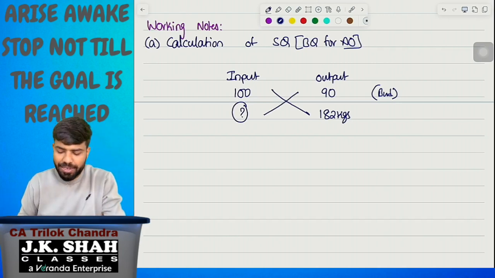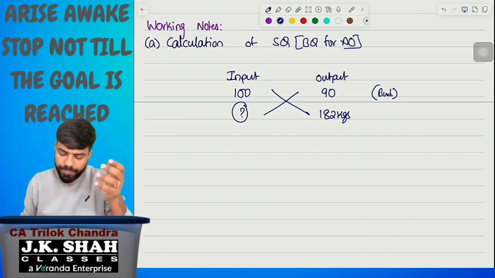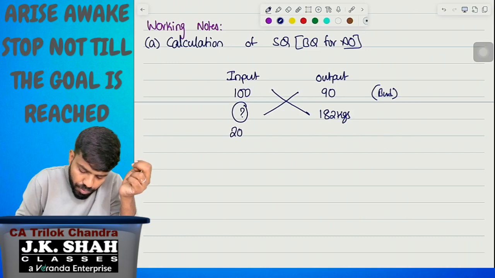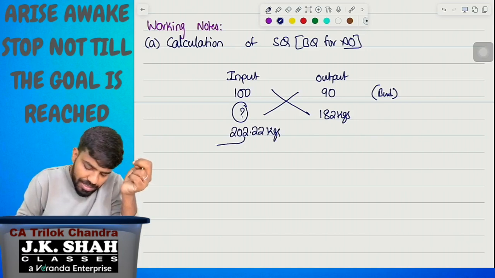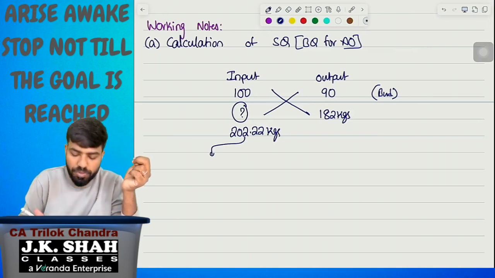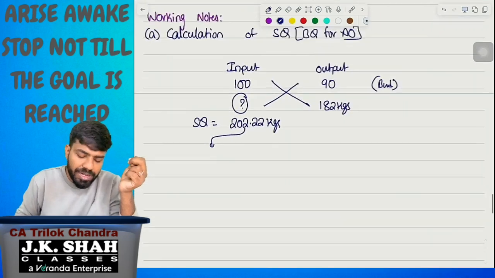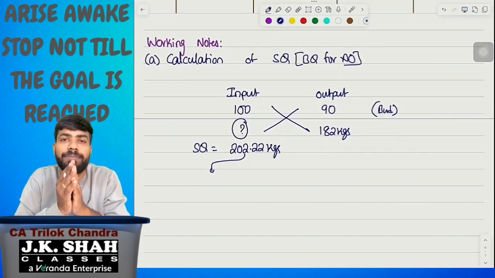Let us take the calculator. 182 into 100 divided by 90 is 202.22 kgs. This is the quantity allowed, which is called the standard quantity permitted.